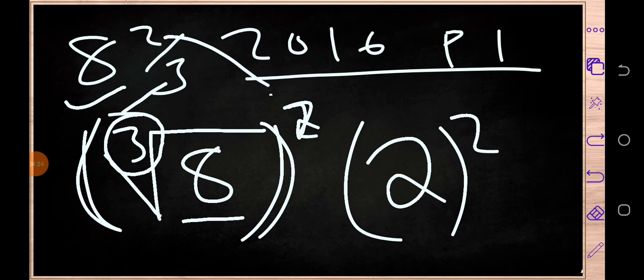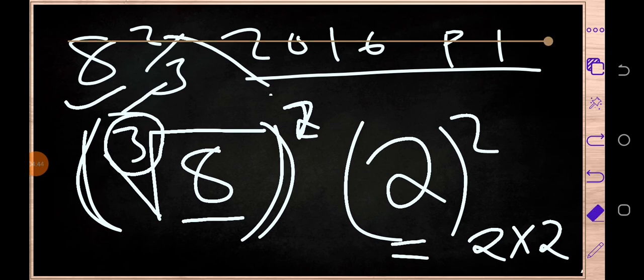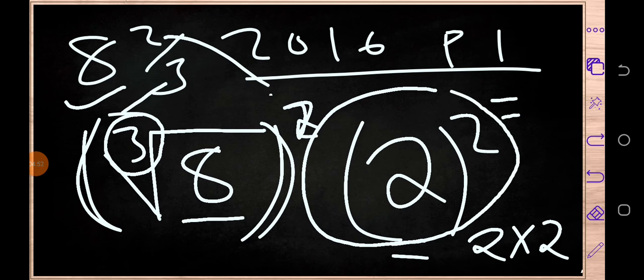Okay, so this simply means that we have 2 times 2. And what is 2 times 2? Let me just write it right over here. 2 times 2, the answer is 4.